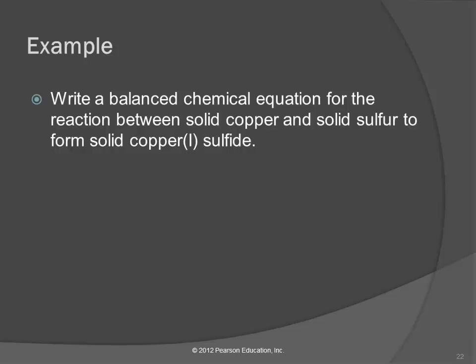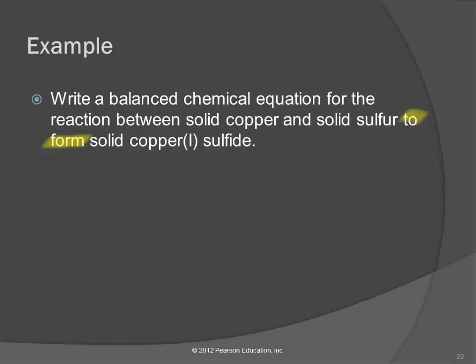And so when we look at this, we see that they're naming off a bunch of things, and when you see to form or to produce, that's where the arrow goes. So the things that are listed before that are the reactants, and to form or to produce or to make is the arrow, and then anything listed after is the products.